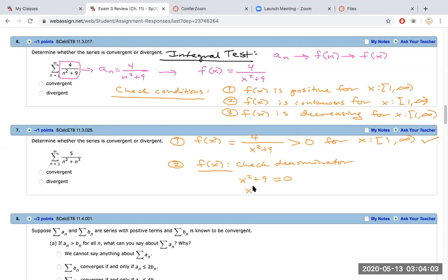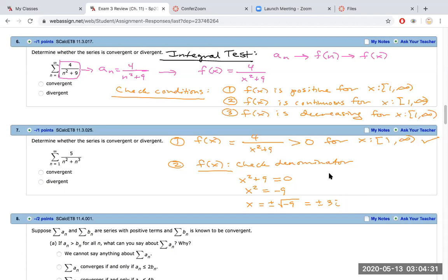A formal way you could do this, okay, you don't want any i's to be in there. Otherwise, it's an imaginary number, not a real one. Okay, we're concerned about the real ones. Okay, so let me erase that.